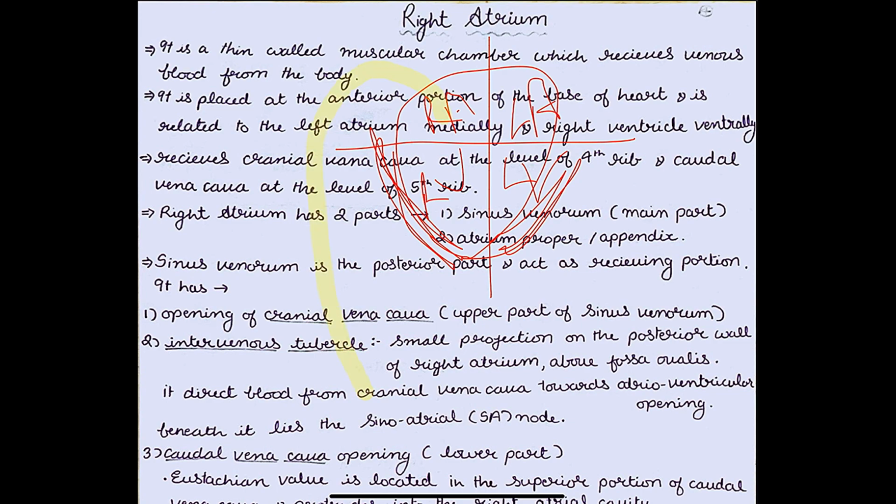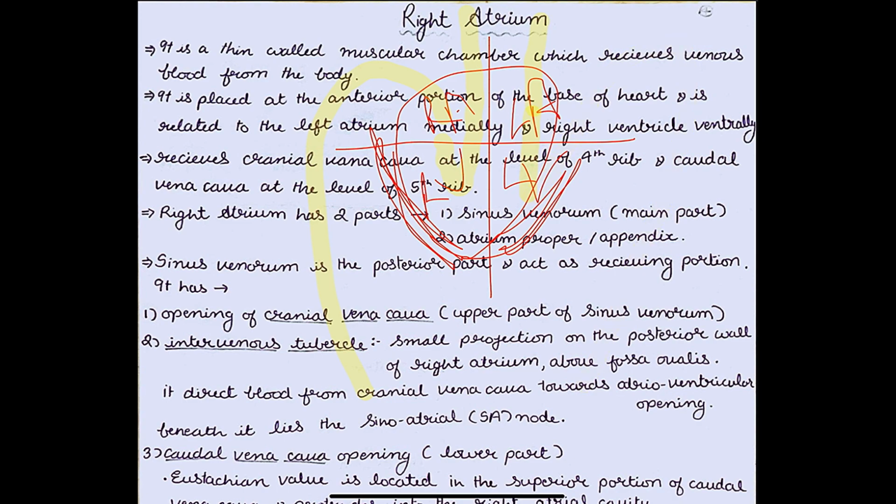Then the right ventricle will receive this blood and supply it to the lungs. So this is all deoxygenated blood. Then oxygenated blood from the lungs will be received by the left atrium. So both atria are just receiving the blood, and then the blood will go to the left ventricle and it will pump the blood to the body via the aorta.